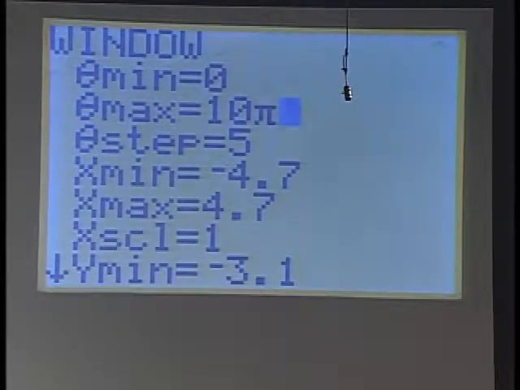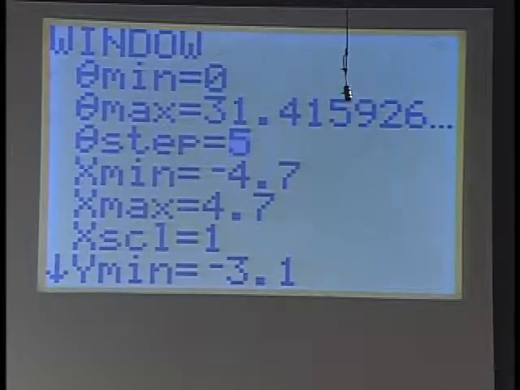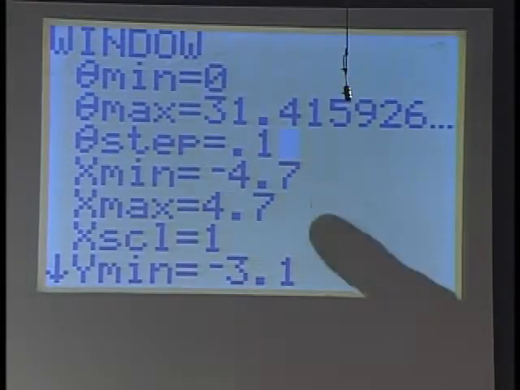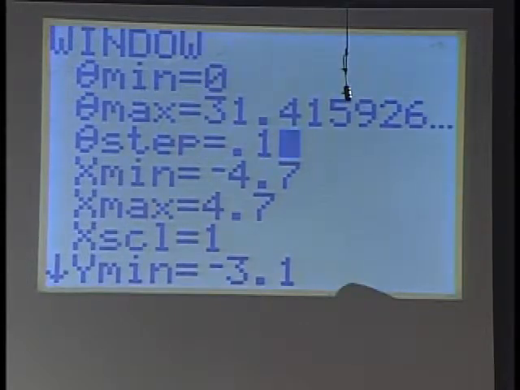Now, what will the radius be when we're at 10 pi? It'll just be pi, right? Because the equation was 1/10 of the theta. Okay. And I'm going to put tick marks every 1/10 of a radian, and I'm going to stick with a square, undistorted viewing window, with the numbers 4.7 and 3.1.